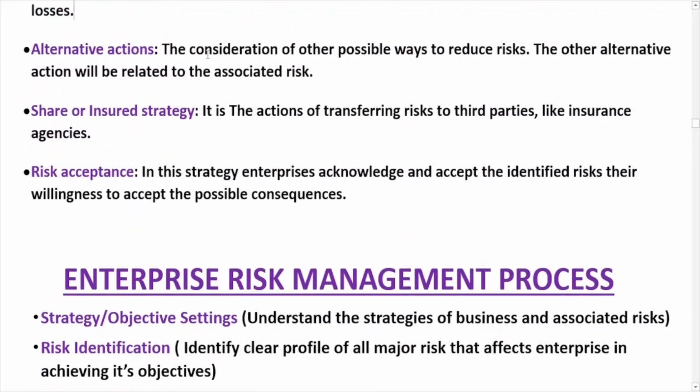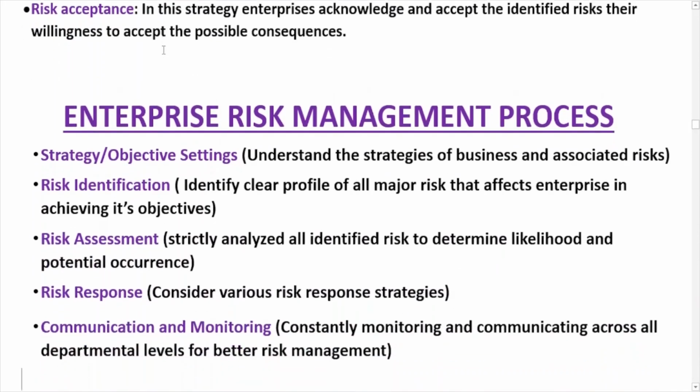Instead of importing cotton from China at low prices, due to high exchange rate risk, they prefer to purchase cotton at a bit higher prices locally within Pakistan, in order to avoid high exchange rate fluctuation. So this is an example of risk response.